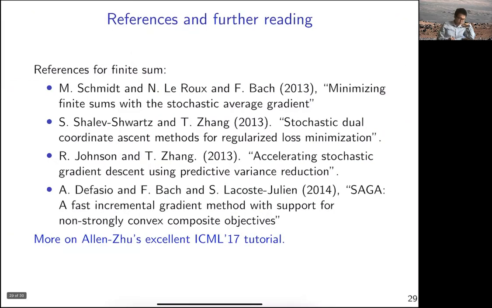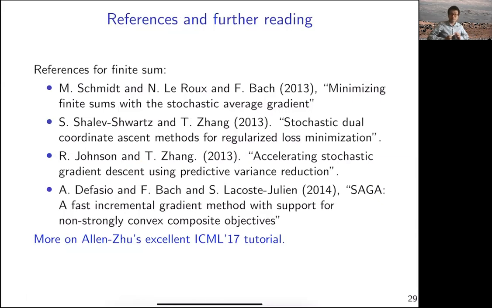Okay, so there are a lot of references and a lot of activities in optimization for machine learning and statistical purposes, and for large scale machine learning that interfaces with the system, with algorithms, and also with distributed computing.